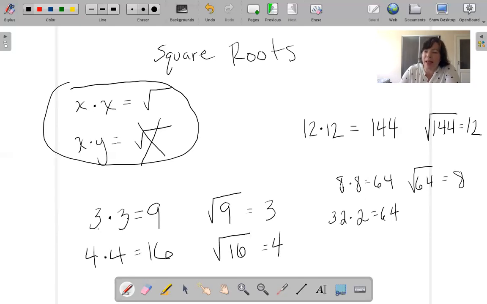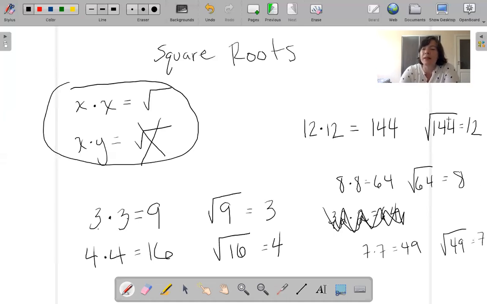It's the same, 8 times 8. But x times y, those are two different things. If I have two different numbers, that doesn't make a square root. Square roots have to be the same number. 7 times 7 equals 49. That means the square root of 49 equals 7.